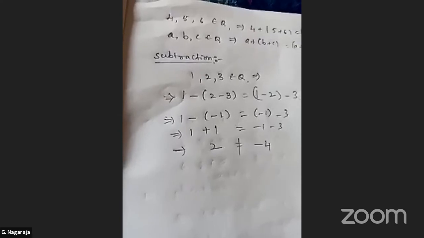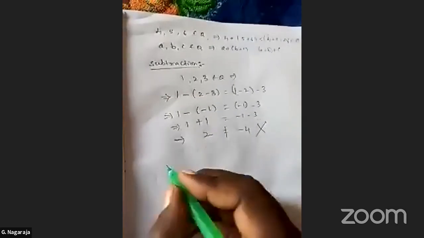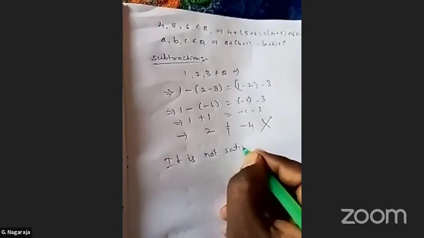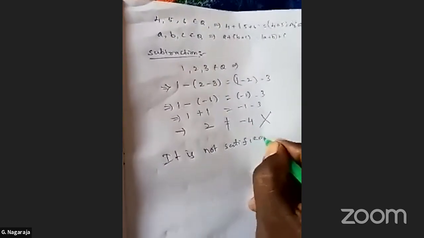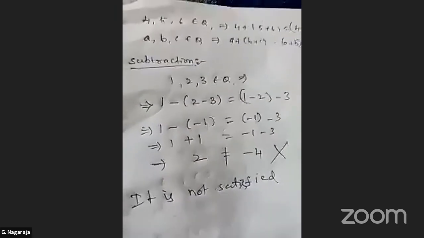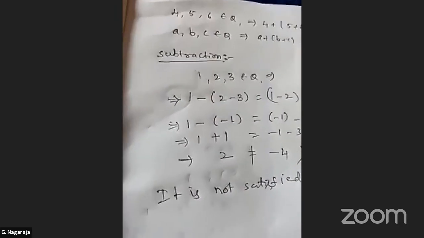And the other side is minus 4. So 2 is not equal to minus 4. It is not satisfied the associative property under subtraction.